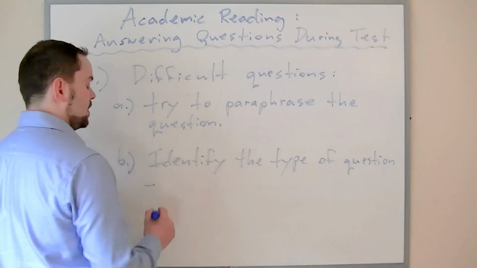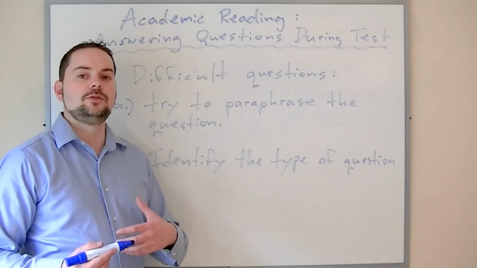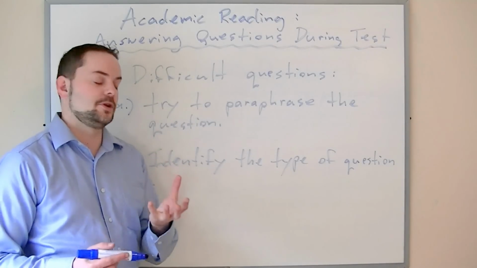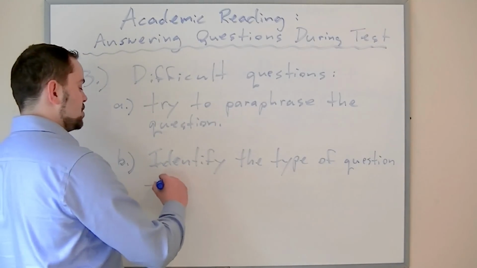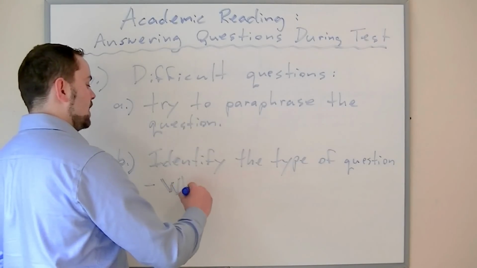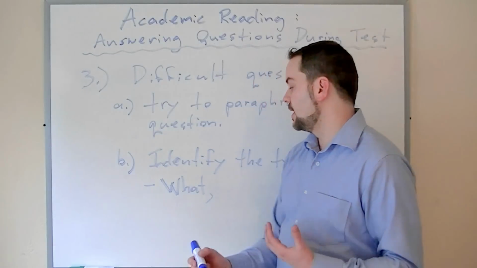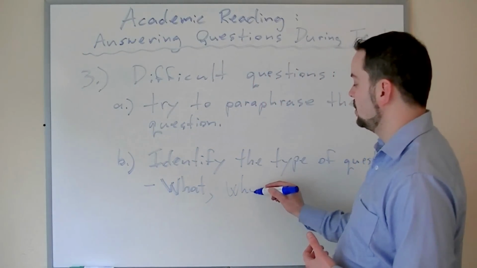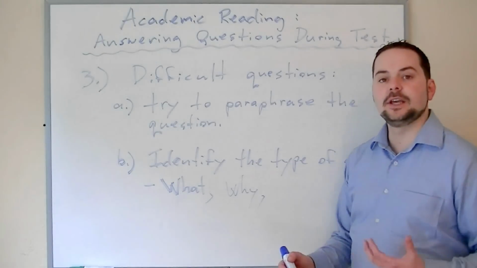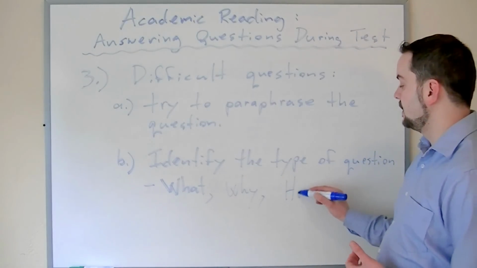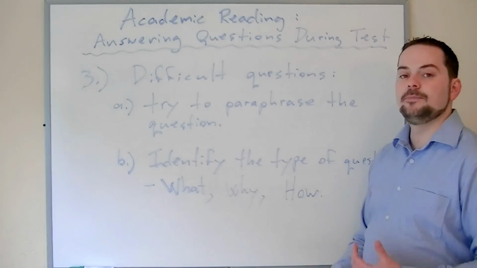This simply means try to simplify, try to look at the question in a more simple or easy form. So is this question asking or answering a what question? Is it asking or answering a why question? Or is it asking and answering a how question? Often that's going to be an example.